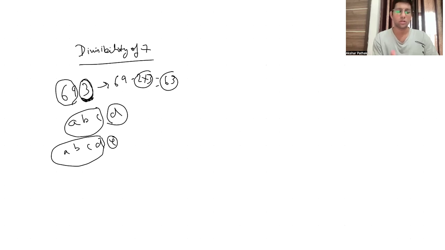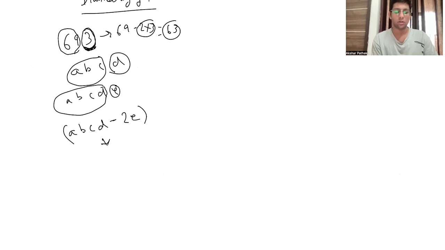So how do you do it? From the remaining digits, subtract two times the last digit. If it's 0 or divisible by 7, then A, B, C, D, E is divisible by 7.